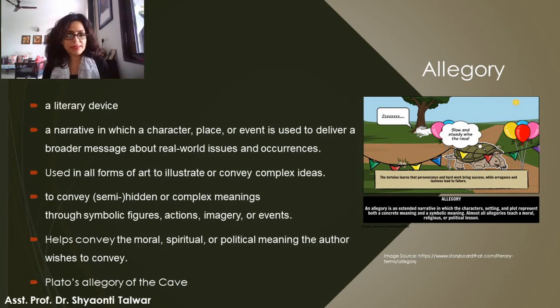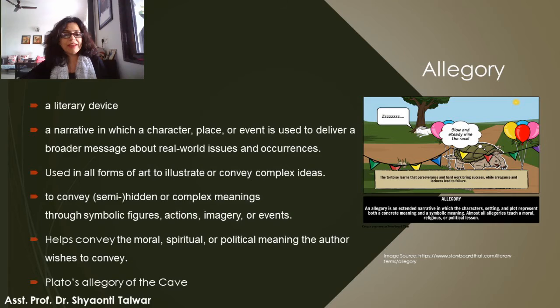So these characters have a symbolic relevance, right? They function as instruments in conveying a larger truth. And this brings us to the fifth point on the slide, that an allegory helps convey the moral, spiritual, or political meaning the author wishes to convey, right?